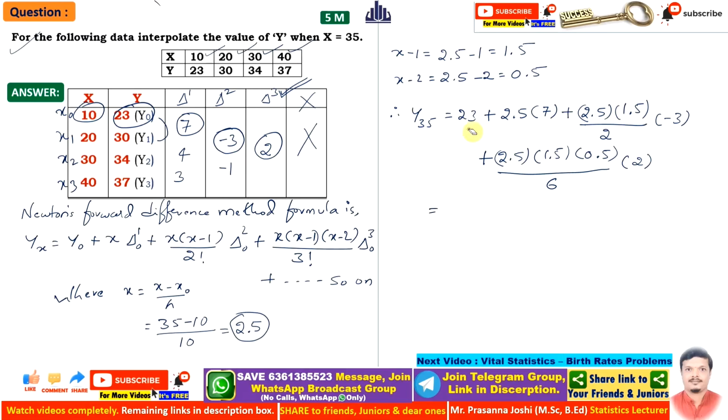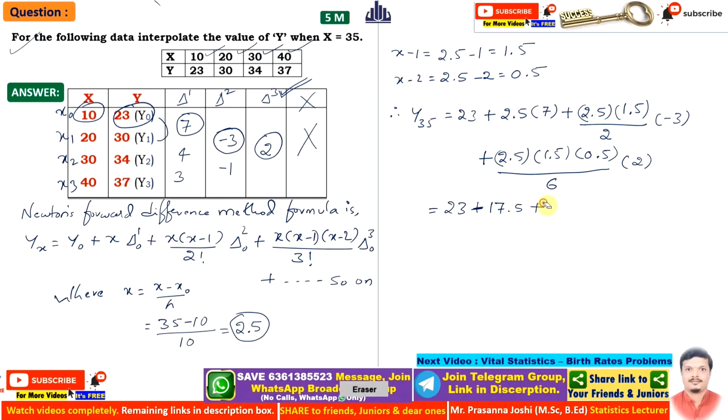Equals to 23 as it is plus 2.5 multiplied by 7, 17.5. Then now this plus into plus plus plus into minus, minus it becomes, so that we have to be extra careful here. Minus this 2.5 into 1.5 into 3 divided by 2 when we perform, we are going to get 5.625.